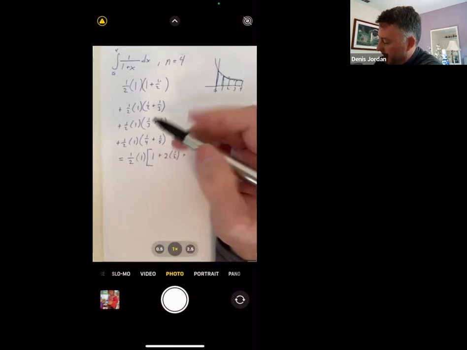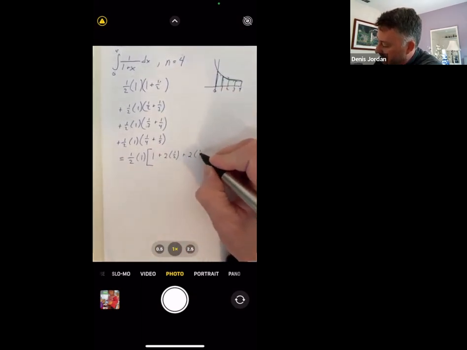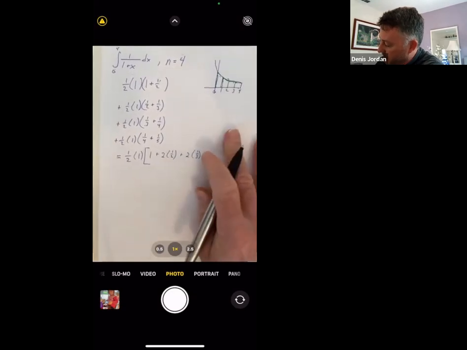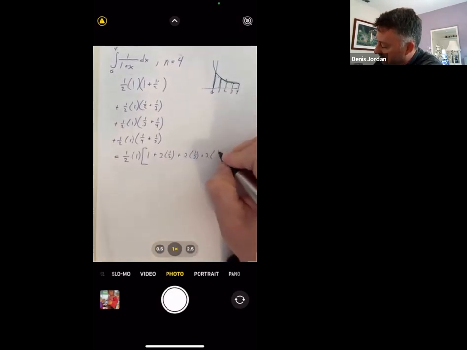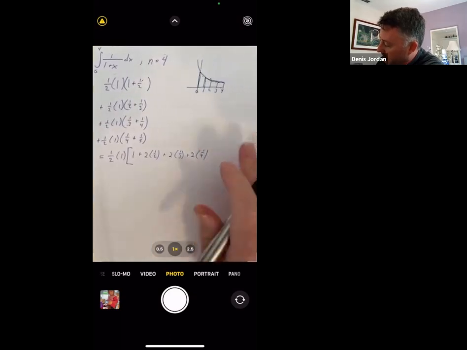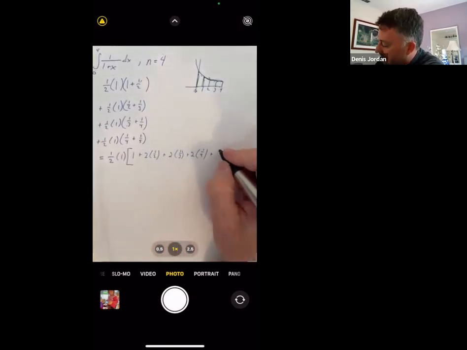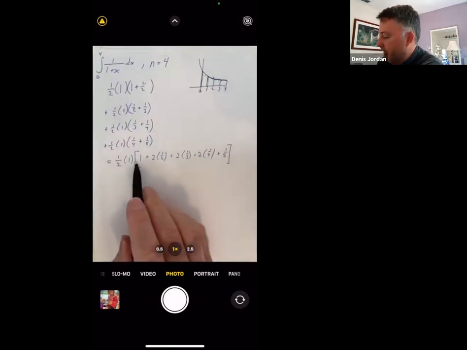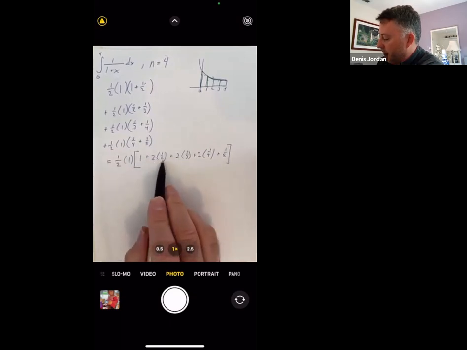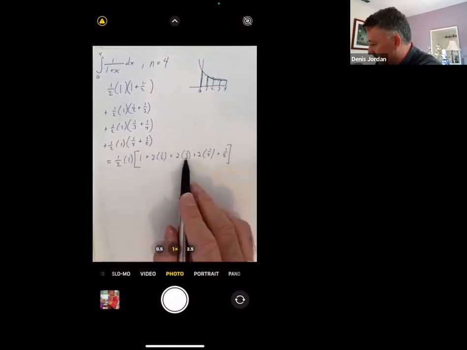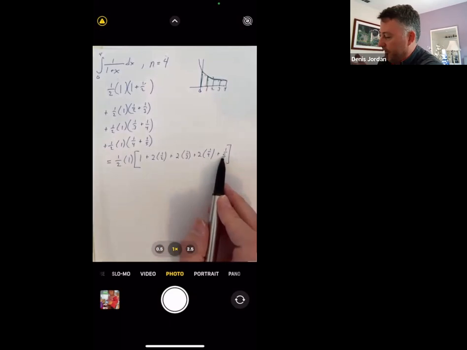You have 2 1/3, 2 1/4. And then you have the single 1/5. So that's your f of 0 to f of 1 to f of 2 to f of 3, and then f of 4.